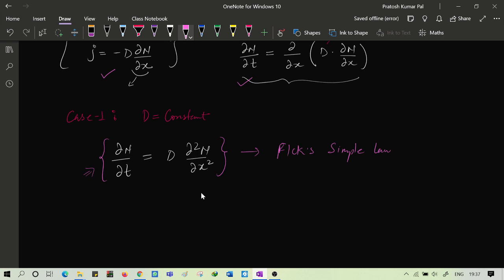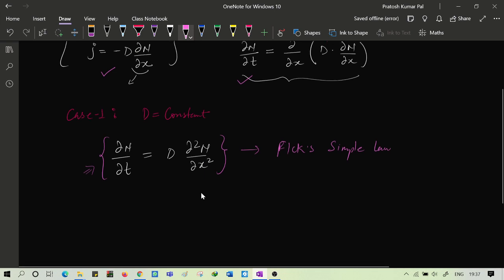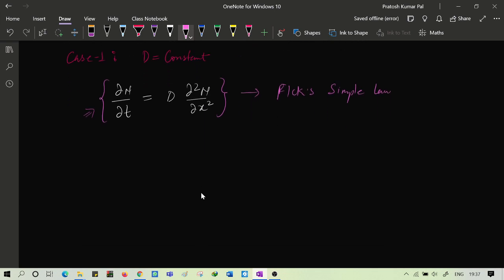Here also there are basically two different cases we will be considering for the D value. If it is constant, this constant can have two different variations.